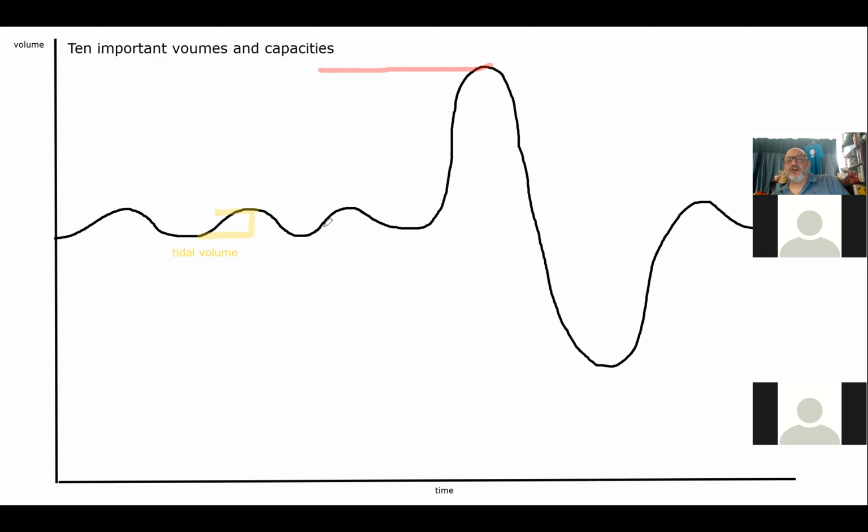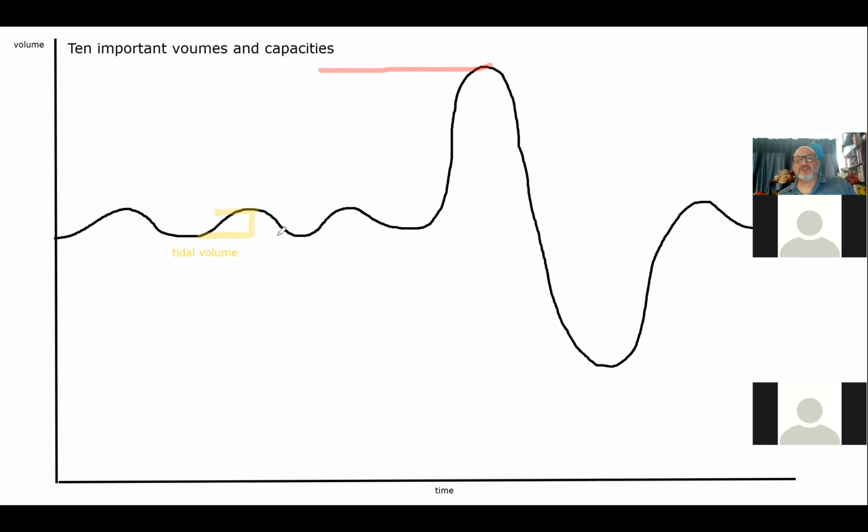So the next volume we would be interested in is how much extra space we have in our lungs from that normal breath to be able to add more air. So obviously we need to go from the peak here, but we want to know the amount above the normal breath.